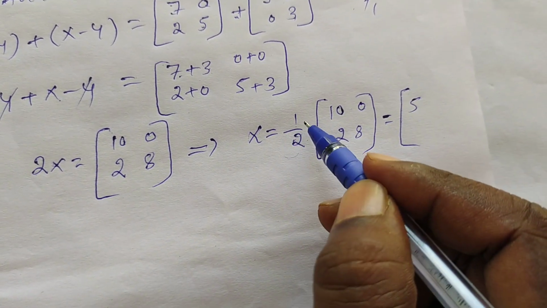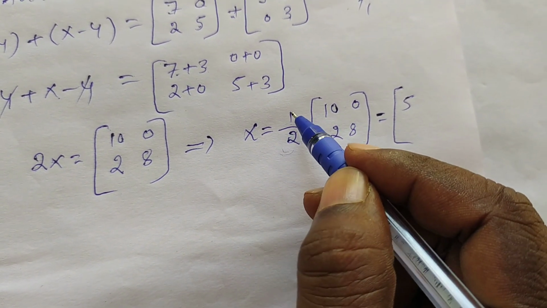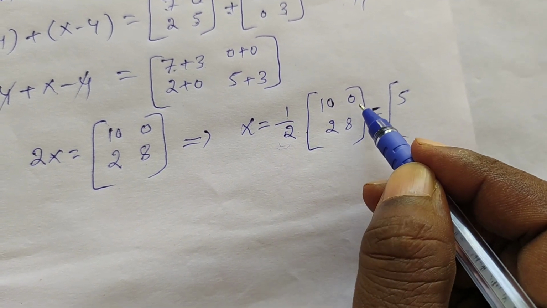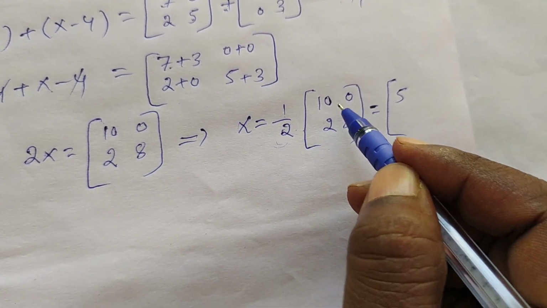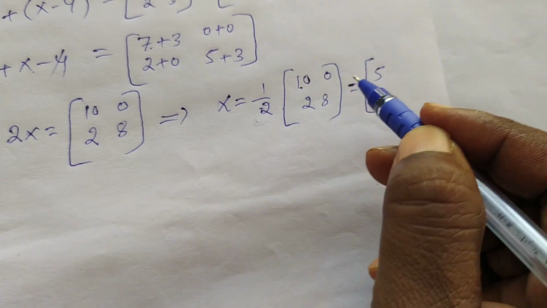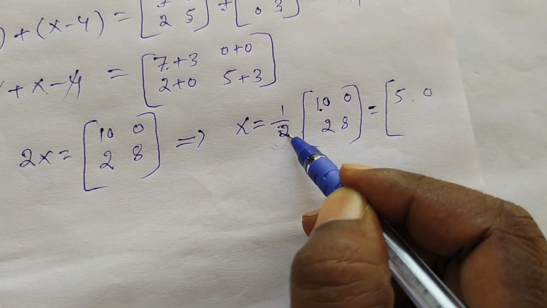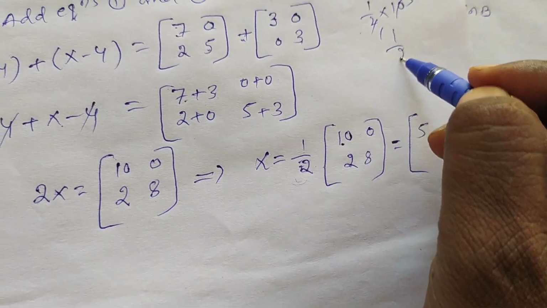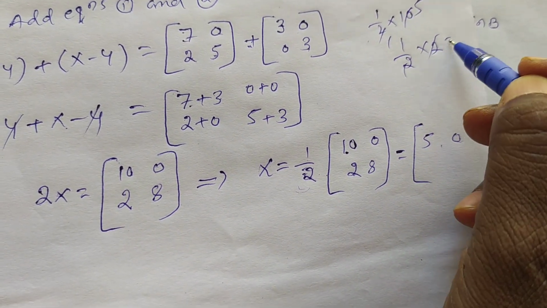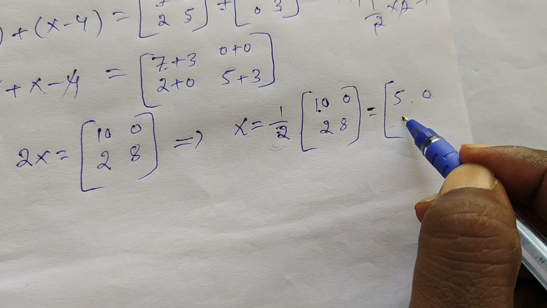This is a scalar. Multiply this scalar with all the elements inside the matrix. 1 by 2 into 10 is 5. 1 by 2 into 0 is 0. 1 by 2 into 2, the 2s get cancelled, that is 1.